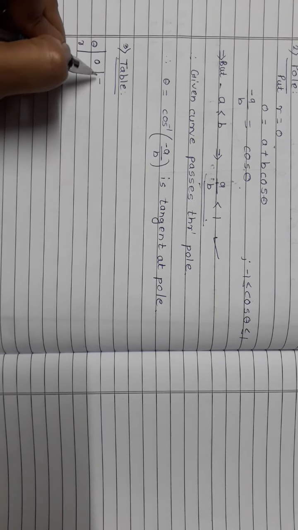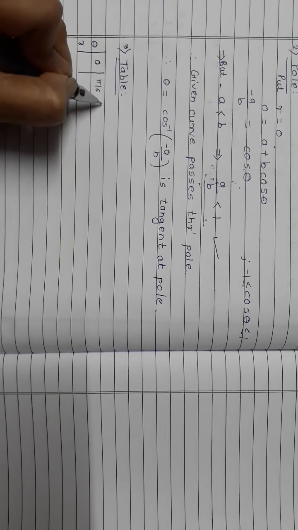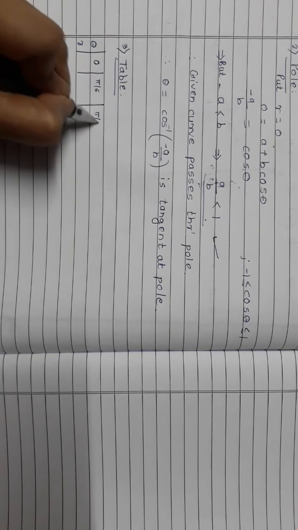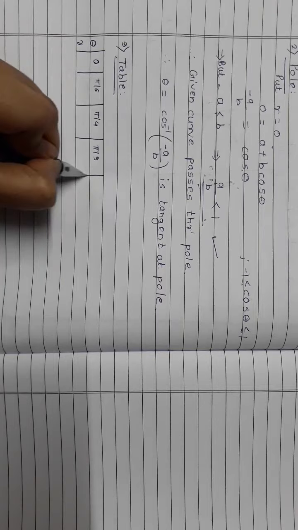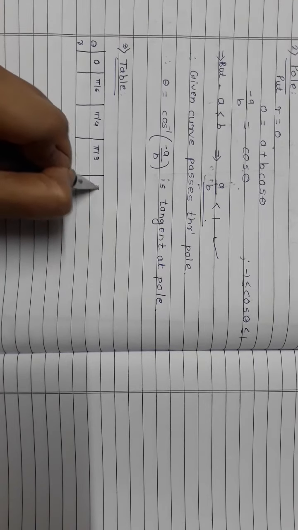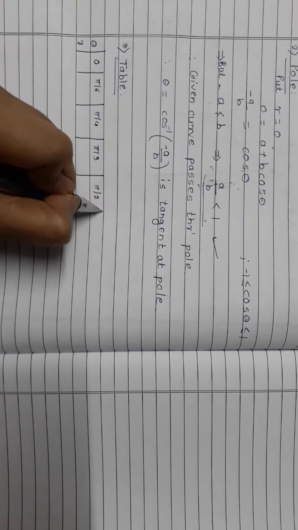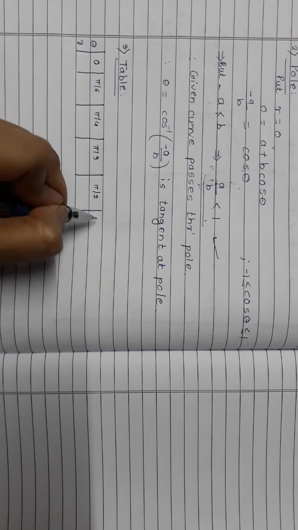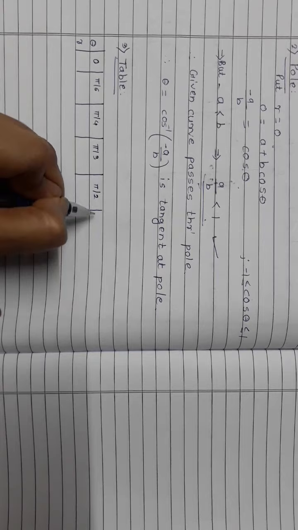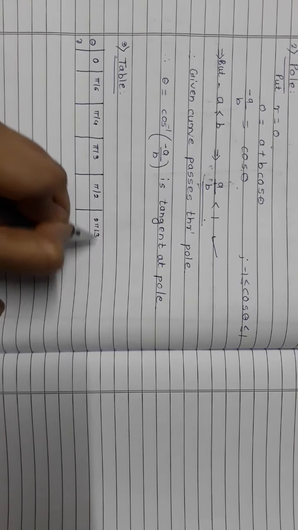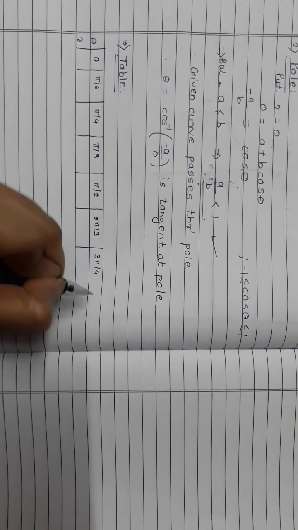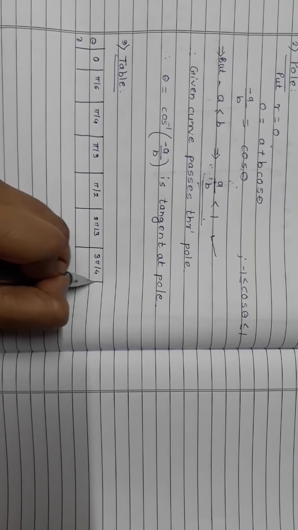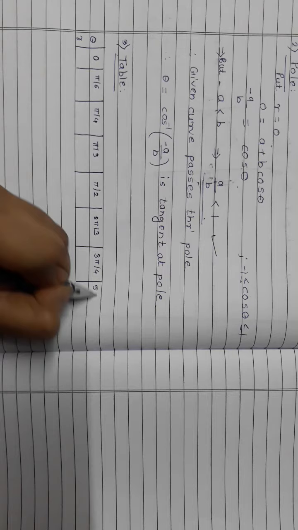So this is 0, then pi by 6, then pi by 4, then pi by 3, then pi by 2, then 120, that is 2 pi by 3, then 3 pi by 4, then 5 pi by 6.